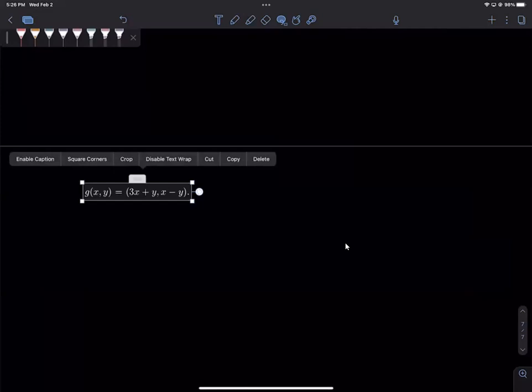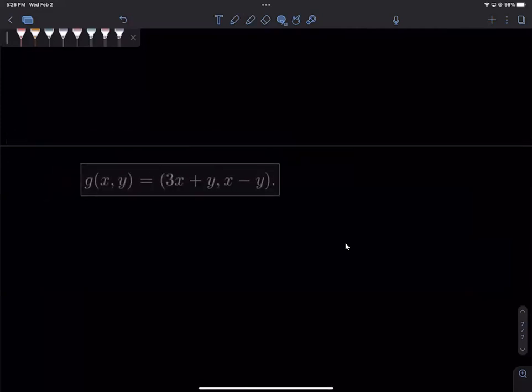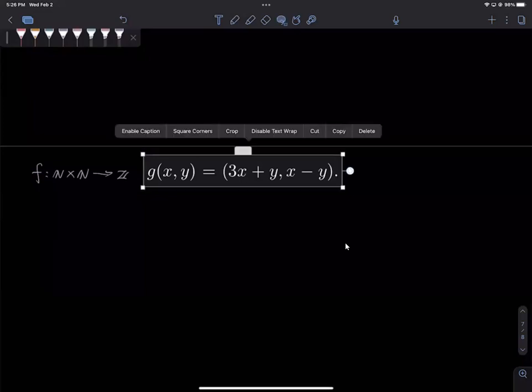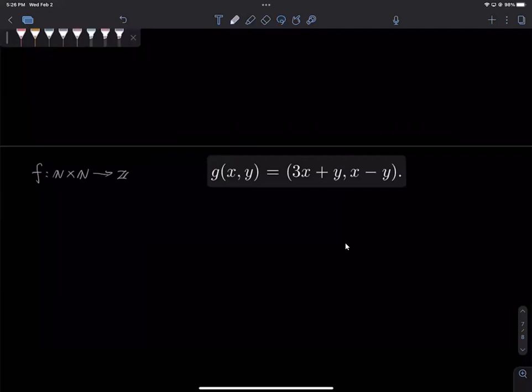It's similar to when you have one variable. So again, let's use this function, and let's say this is from natural to, let's say, map to integers, integer cross integer. Okay, so I'm gonna say we have this, and let's say they gave you the image.